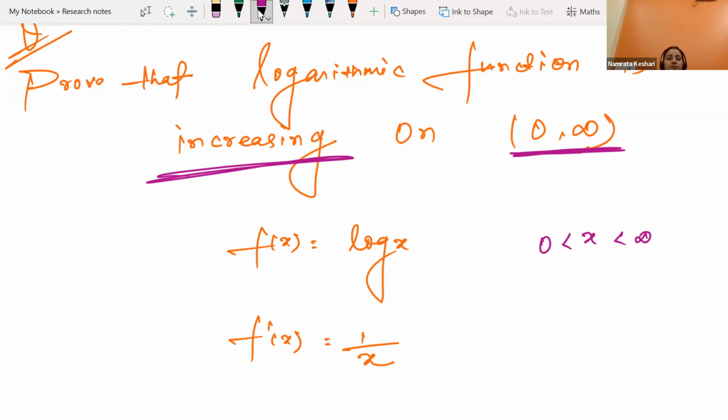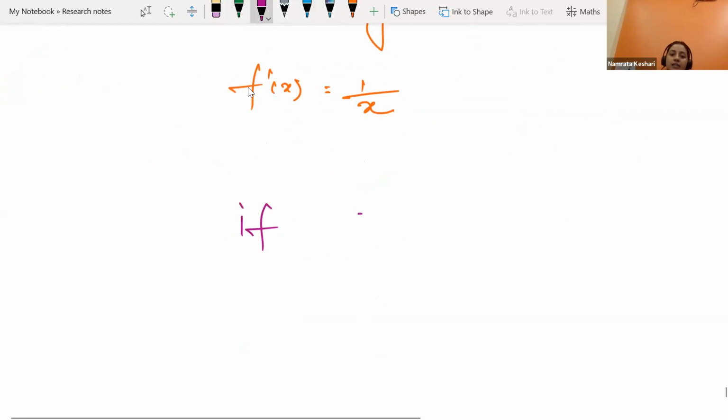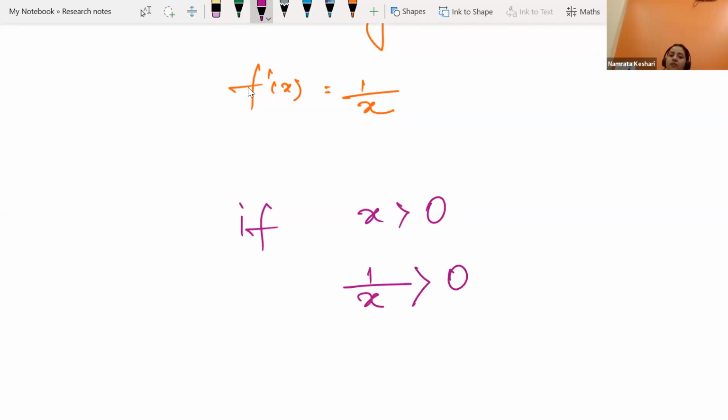Yes. Okay. So if x is bigger than 0, can we say that 1 by x will also be bigger than 0? Yes. Mathematically, logically, it is true.